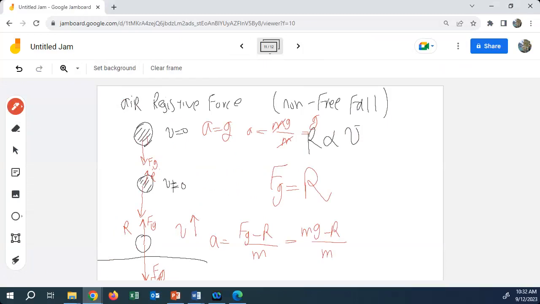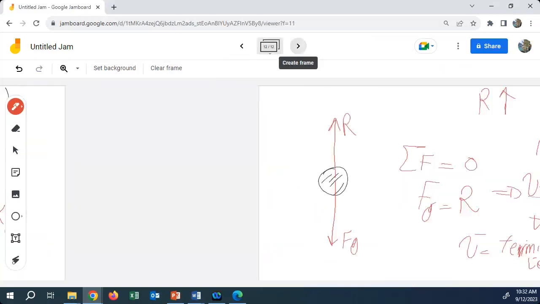Here mg divided by m is going to be g, but here it is mg minus R divided by m. Definitely this value is smaller than g. Yes? You know, g acceleration. There is an air resistive force, so the acceleration gets smaller until the last part.